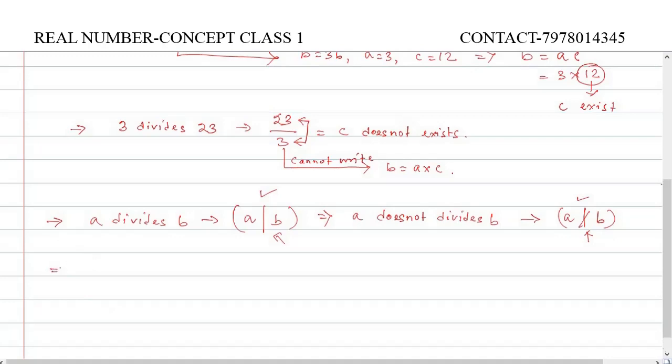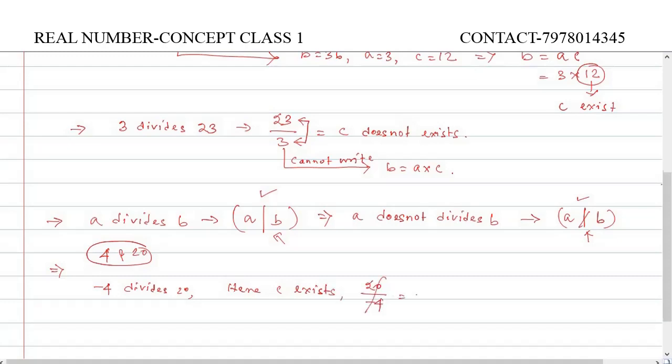Now let us take some examples. 4 and 20. How can you write this 4 and 20 in different ways? Now if I write minus 4 divides 20, does c exist? Yes, c exists, because minus 4 divides 20. How?